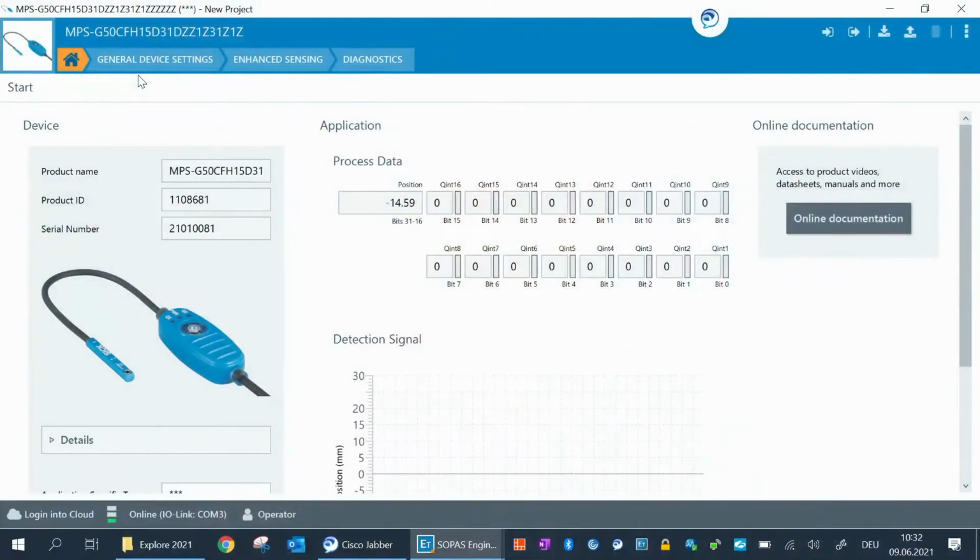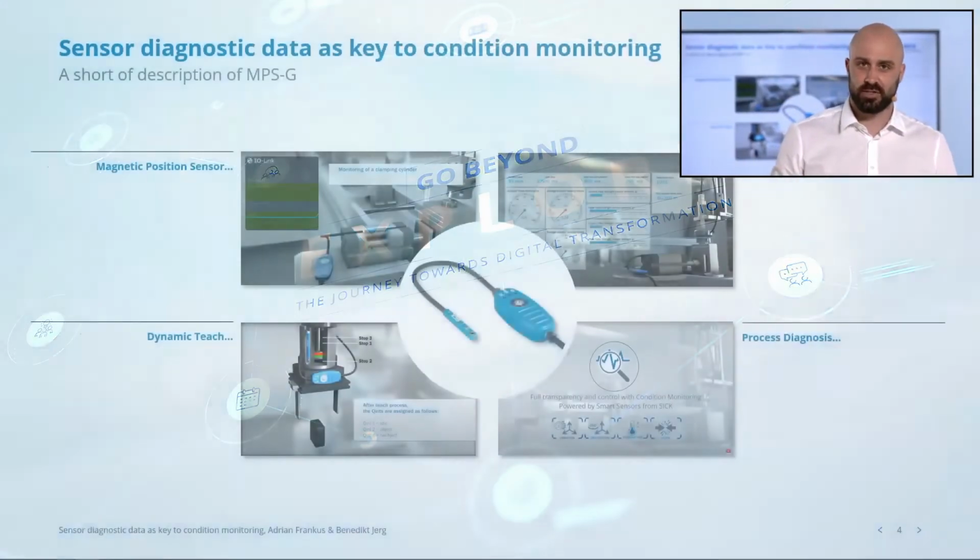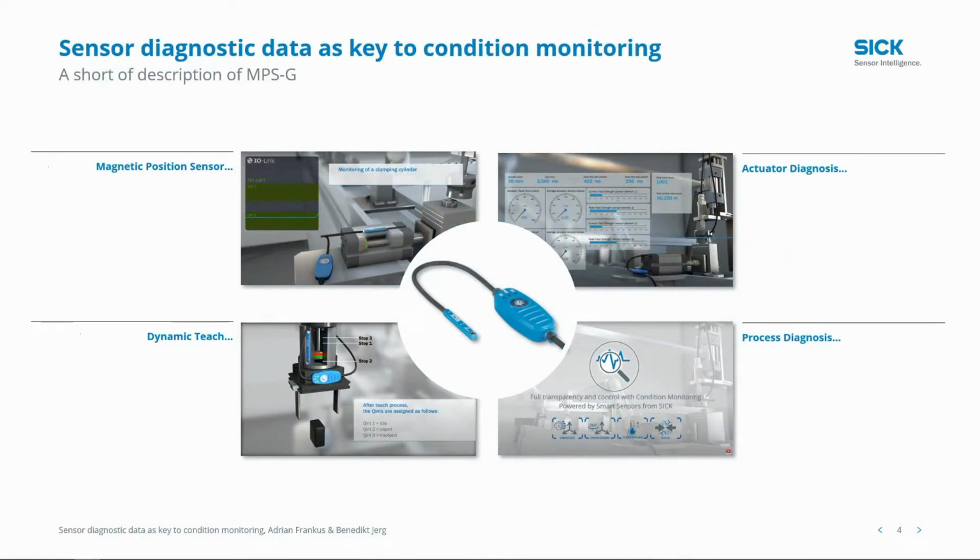The second one is the actuator diagnosis functionality. Here, MPS-G measures data like the field strength and count cycles and so on. And last but not least, the process diagnosis functionality. Here, MPS-G gathers data like temperature, vibration, and acceleration.